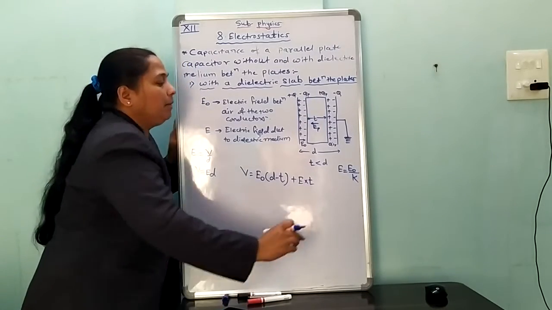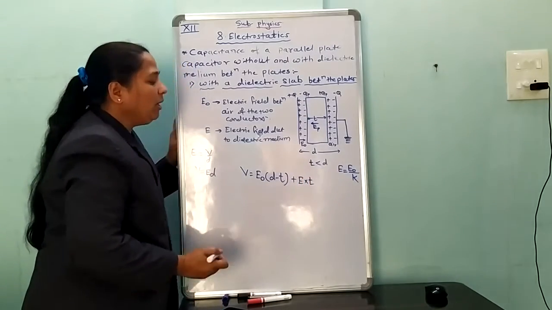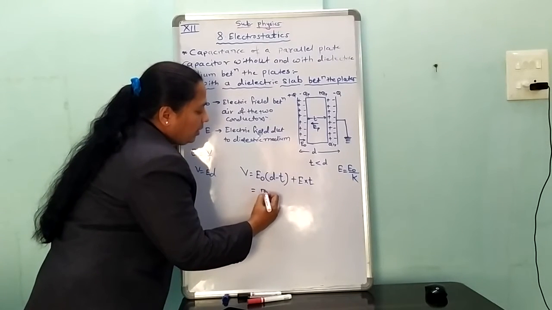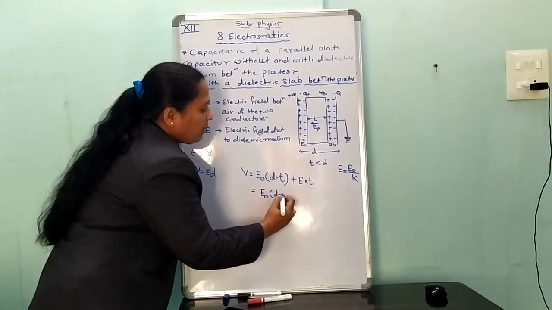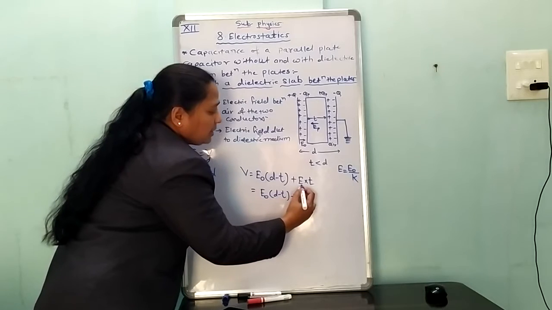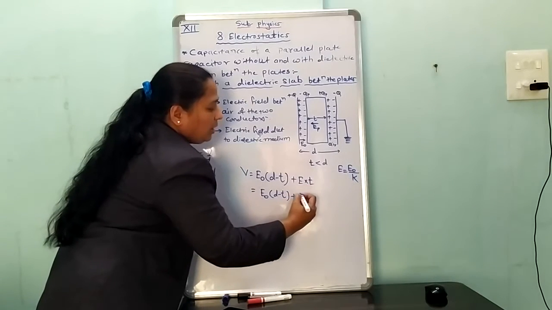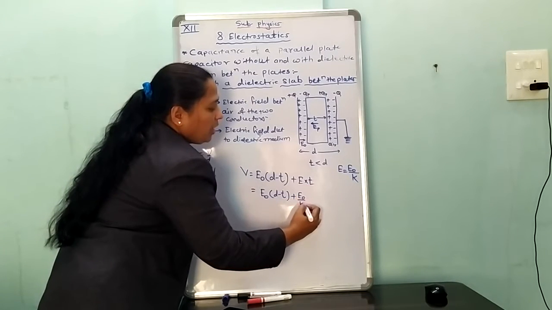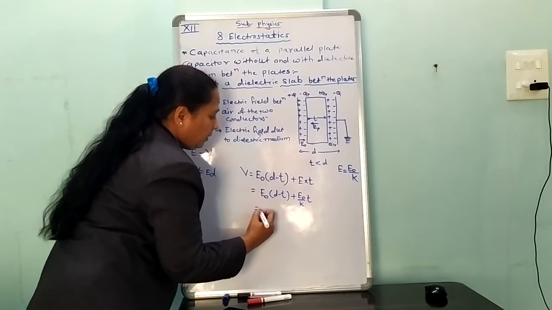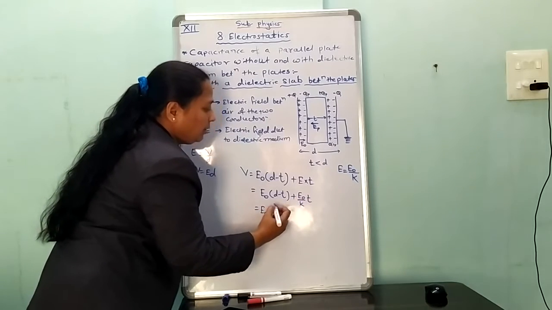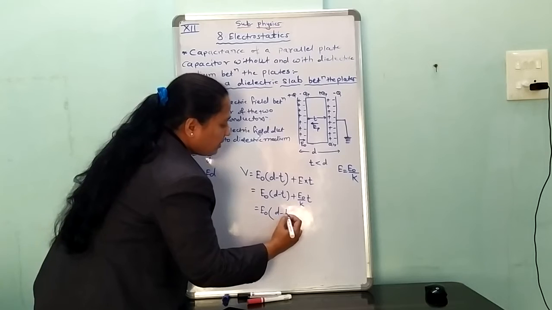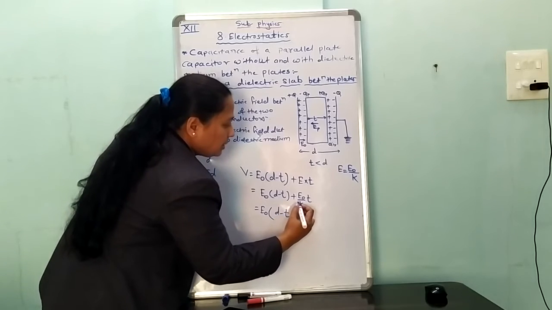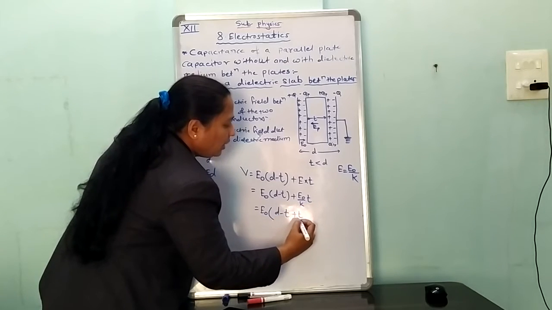Substituting, we get E naught into D minus T plus E naught upon K into T. Taking E naught common, we get D minus T plus T upon K.